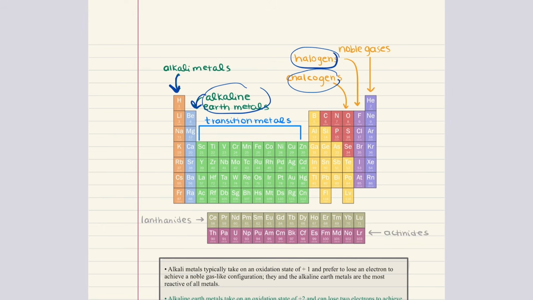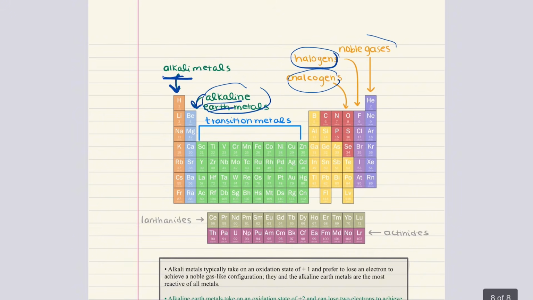They also have the highest electronegativities, and they also have high electron affinities, making them very reactive, especially toward the alkali metals and the alkaline earth metals. Halogens also form salts when they react with metals, like sodium chloride, for example. Common halogens include fluorine, chlorine, bromine, and iodine.